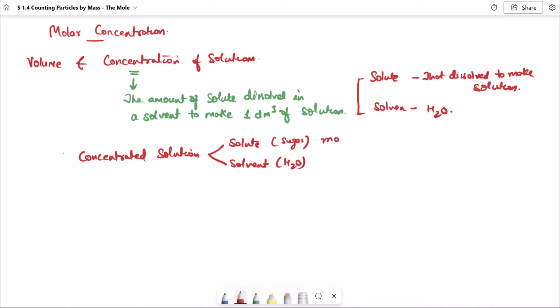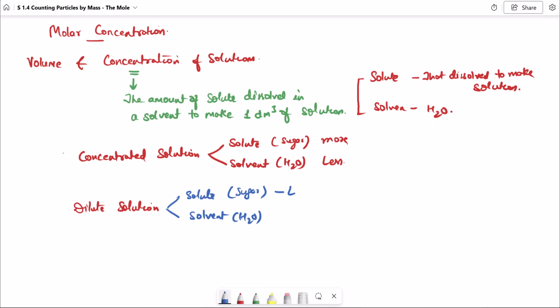So this is more and this is less. Dilute solution. What do you mean by dilute solution? So dilute solution also has a solute and solvent. Solvent is water, solute is, let's say, sugar. Here it is less, this is more, right?